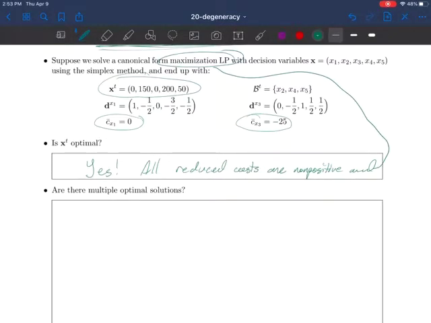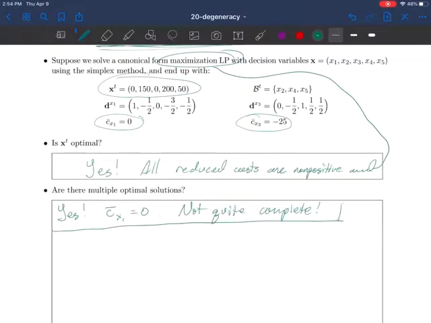But are there multiple optimal solutions? The answer to this question is a little deeper than you might think. The first intuitive response is, well, yes, C bar x1 equals 0. And that's not quite right, or the justification isn't complete.